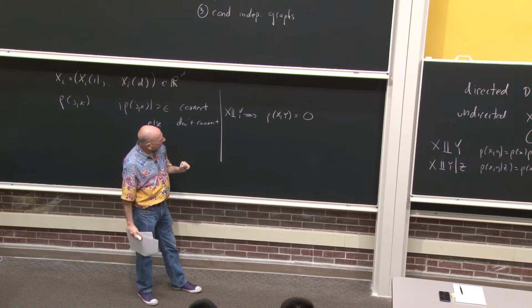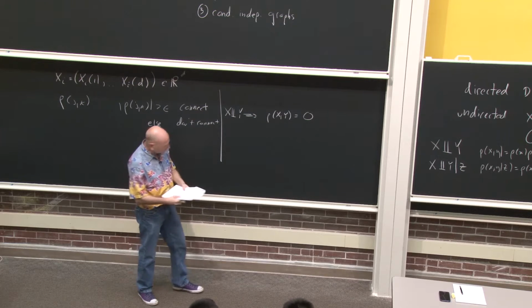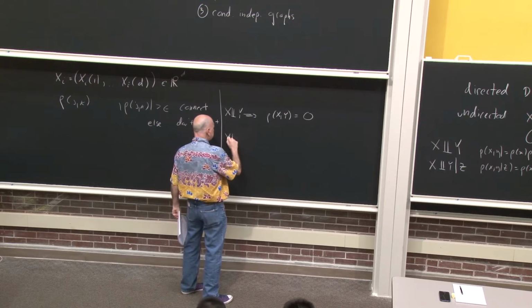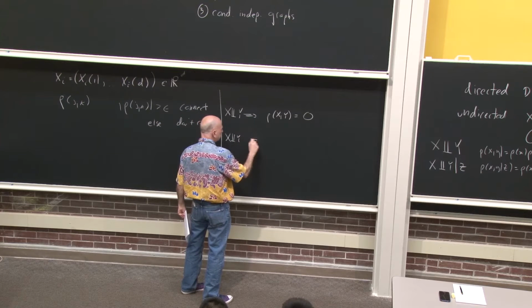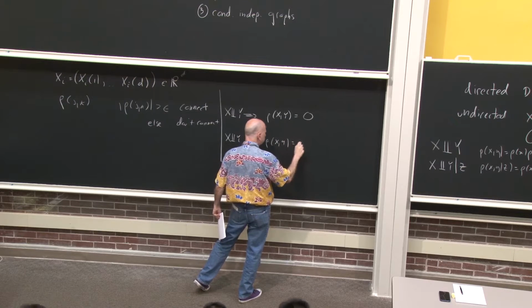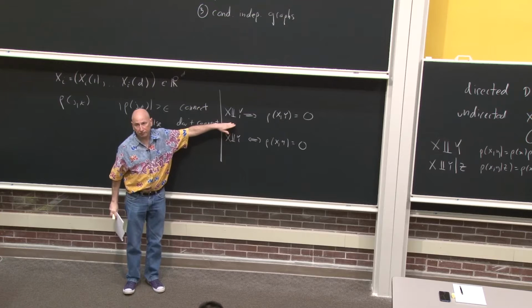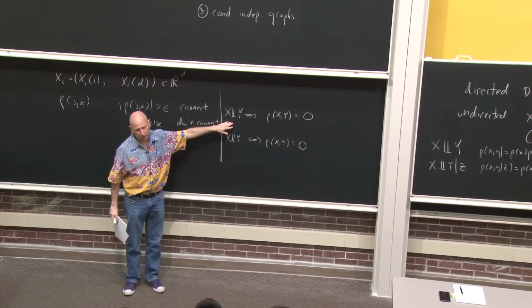Some, however, have a stronger property, so I'll call this a strong correlation: x is independent of y if and only if the measure is 0. This is not required. You can still get useful graphical information by just using weaker measures of correlation like this.